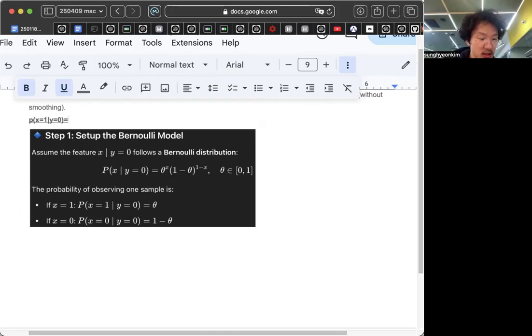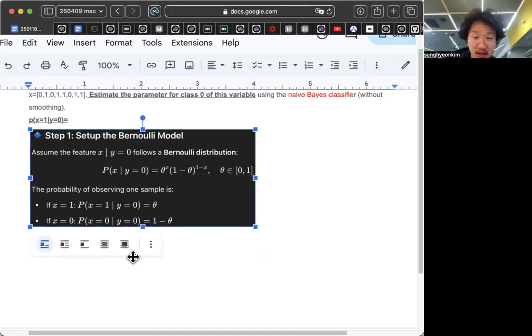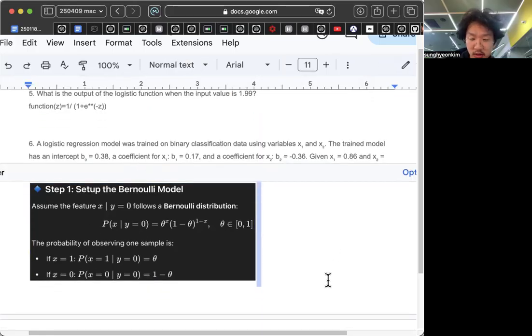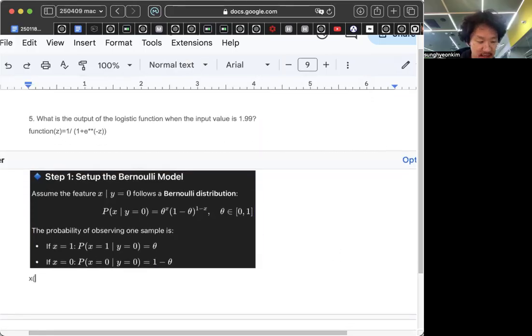let's say there is a statistical manifold, which is p_theta(x). Theta is like the following.